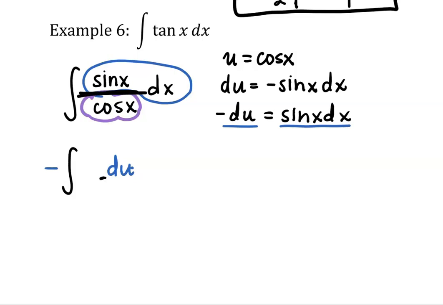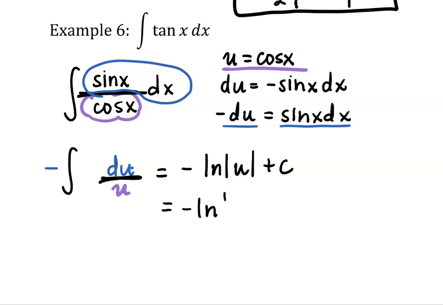So in the denominator, I will put u. So we are left with the integral of du over u. So we have negative natural log absolute value of u plus c. And u was cosine x. So we get negative natural log of absolute value cosine x plus c as our final answer there.